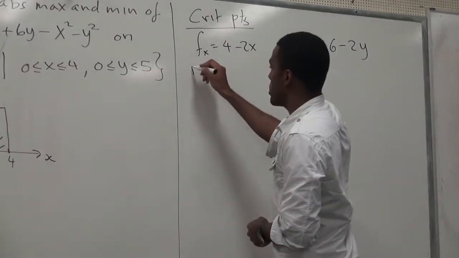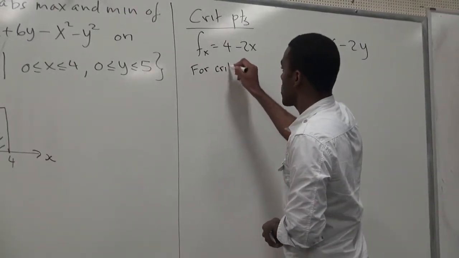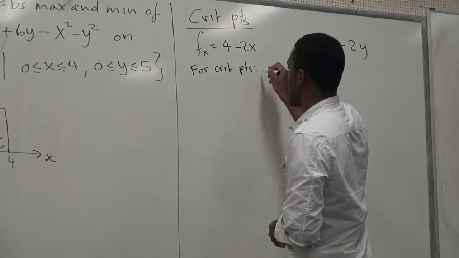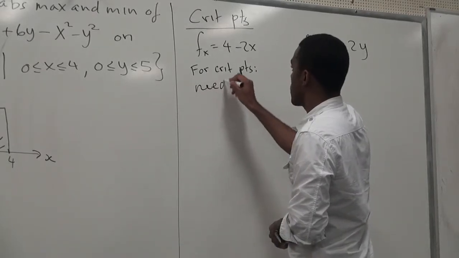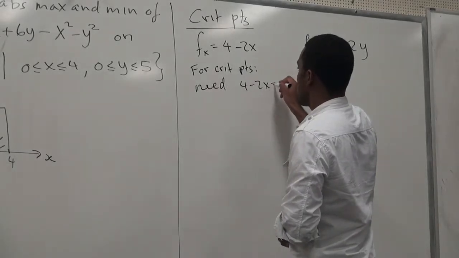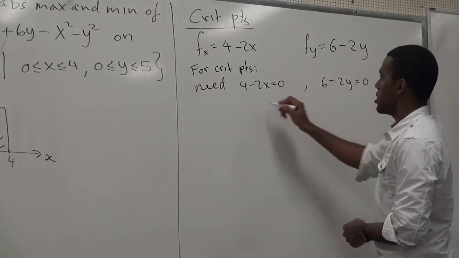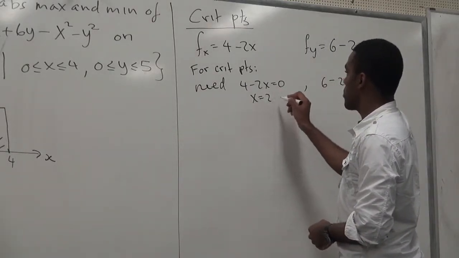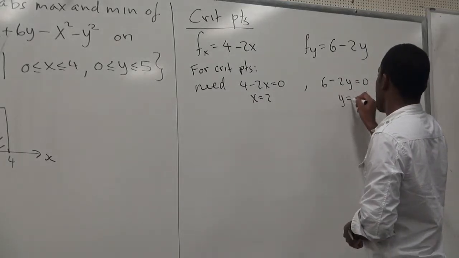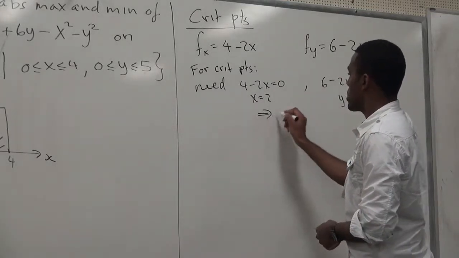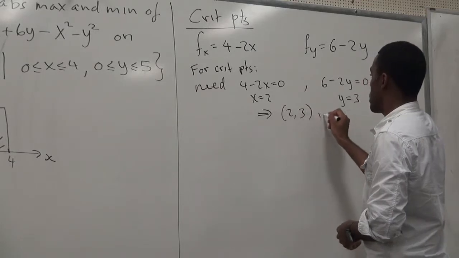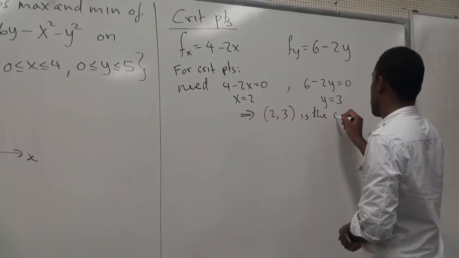So for critical points, we need 4 minus 2x equal to 0, and we need 6 minus 2y equal to 0. This means I need x to be 2, and I need y to be 3. This means that 2 comma 3 is the only critical point.